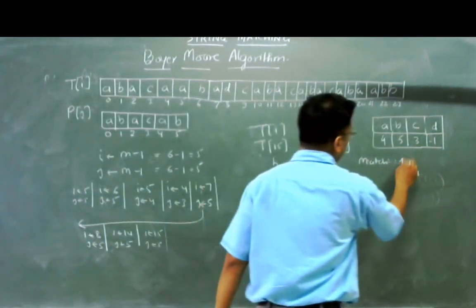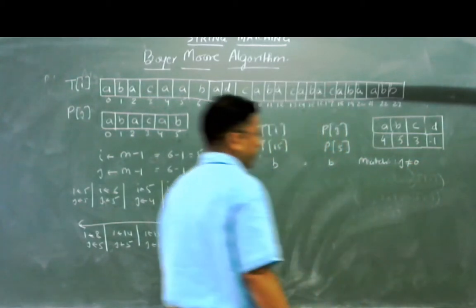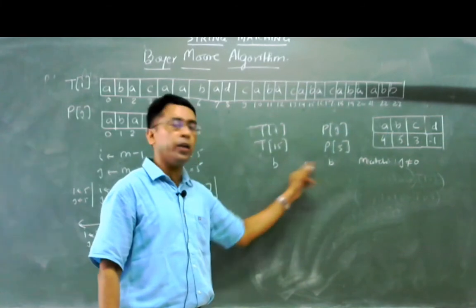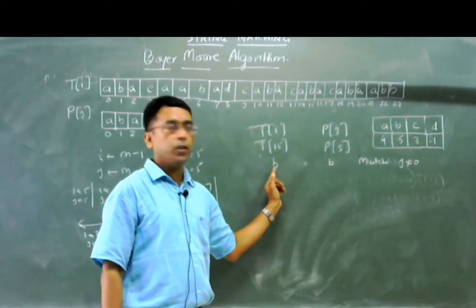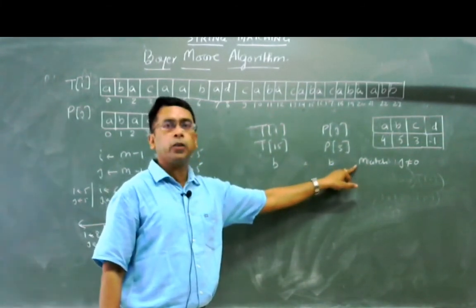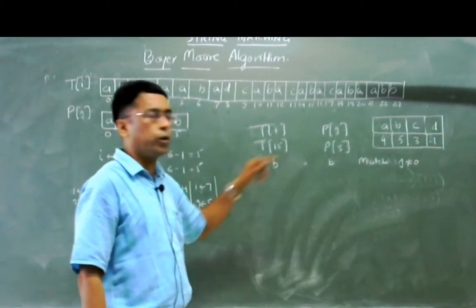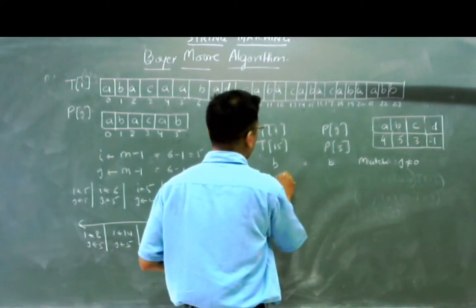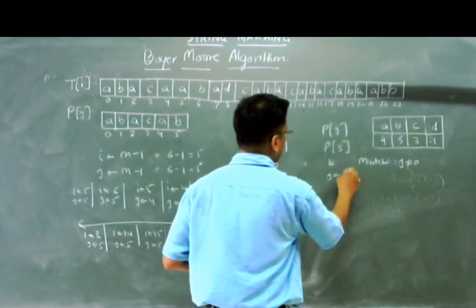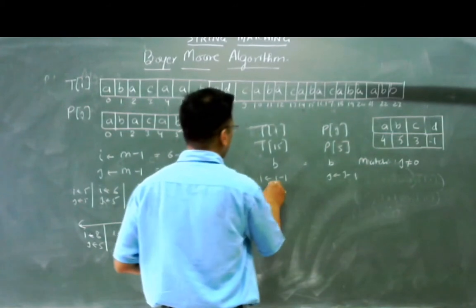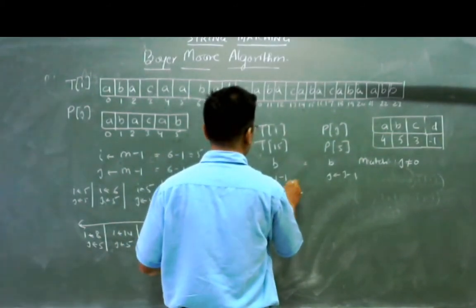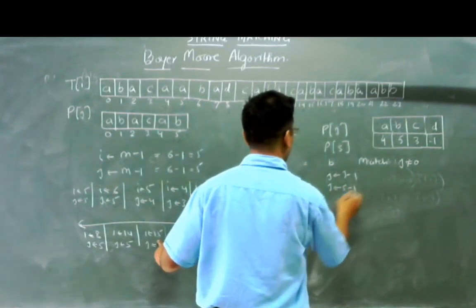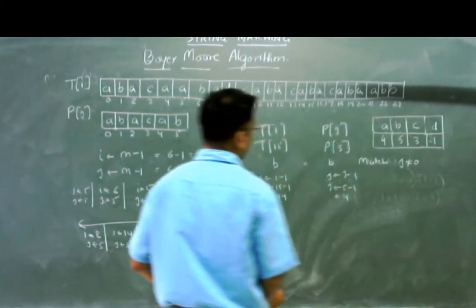But j is not equal to 0. Make sure you cannot declare that this is a match situation, because only one alphabet has been matched. So until j becomes equal to 0, we shall reduce the value of i by 1 and j by 1. So i would be 15 minus 1, which is 14, and j would be 5 minus 1, which is 4.